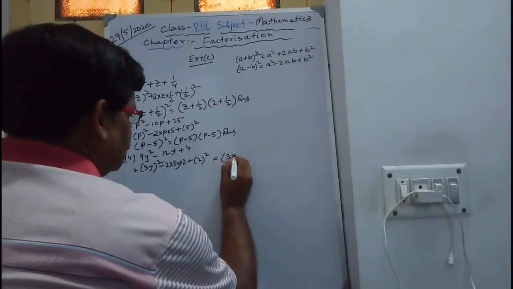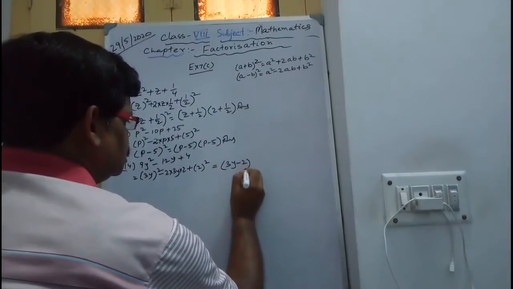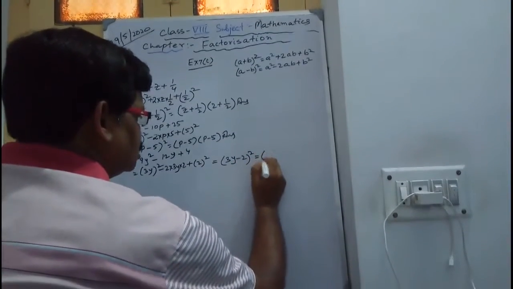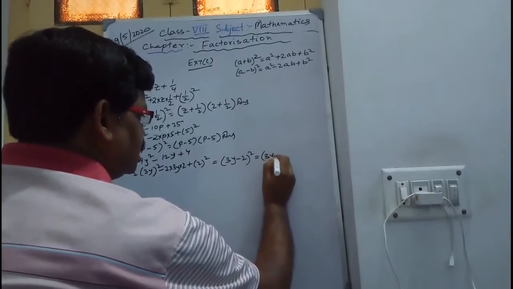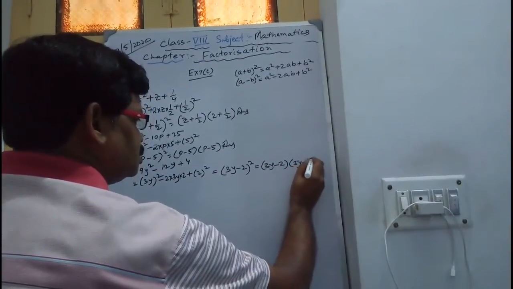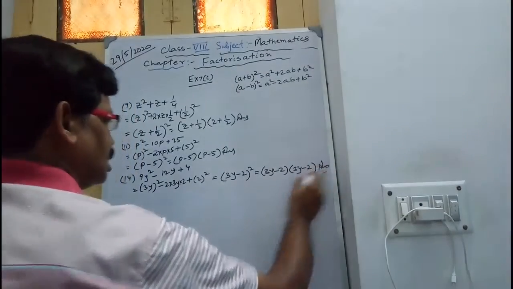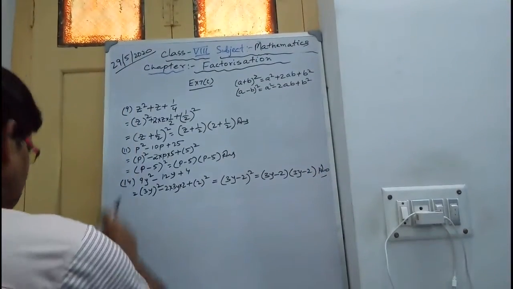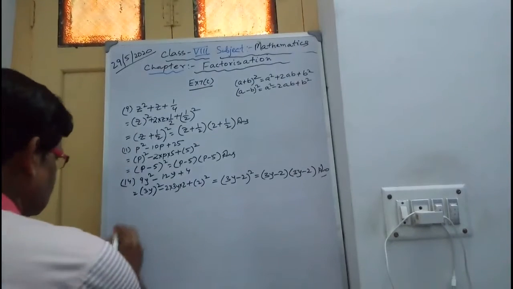So (3y minus 2) whole square. So write lowest power, 3y minus 2, 3y minus 2. So this one is the answer of this question.